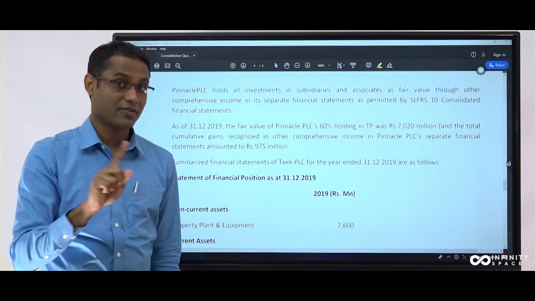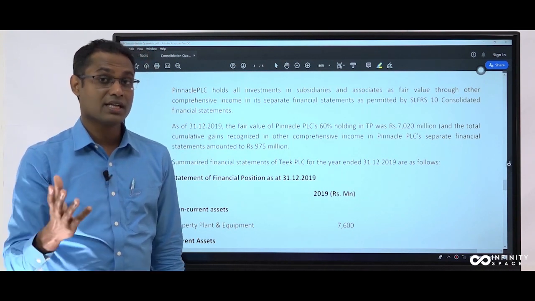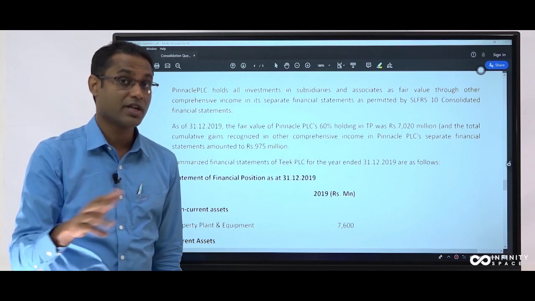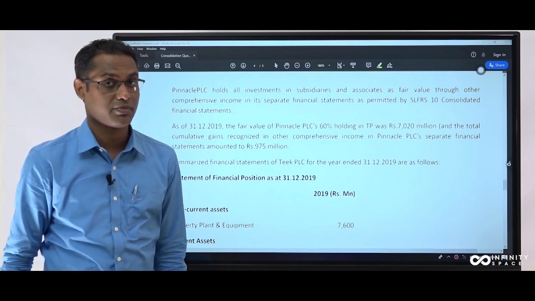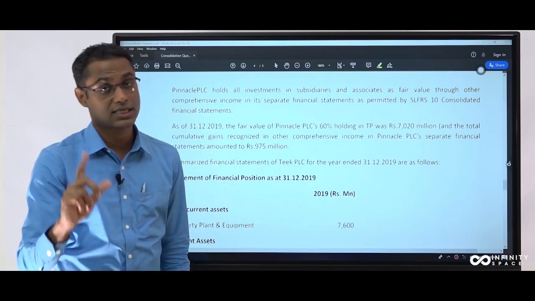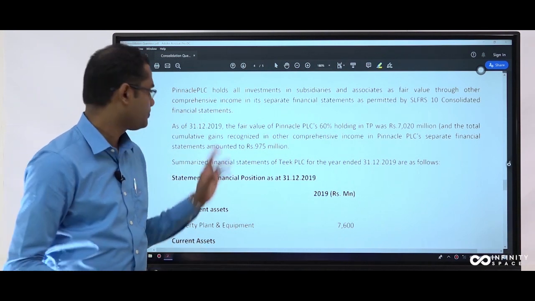Fair value at the date of acquisition, right? So if you have any fair value gains recorded in the individual financial statements, you need to reverse them when you take the numbers for consolidation purposes. Again, this is a very vital adjustment. How to do that, we'll discuss once we work out the numbers in Excel.